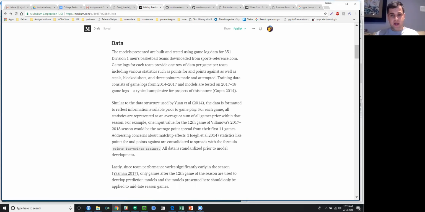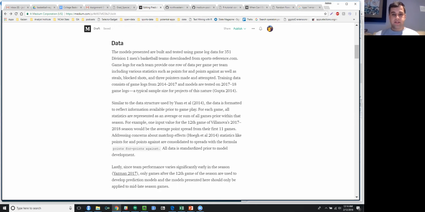I also made a conscious choice to do a couple of things. For one thing, I wanted to make sure that the data that I was using to make my predictions is as close to relevant to a real world bracket predicting situation as possible. So instead of using actual outcomes for prediction, I only use the data that we would know prior to the game.